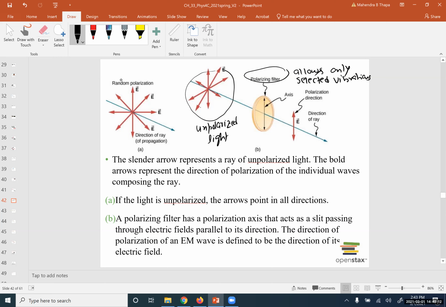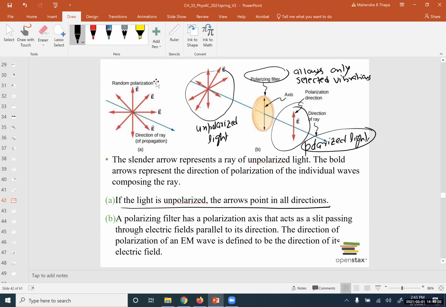Now, if I put the polarizing filter, it only allows the vibration parallel to the axis. So now this light is the polarized light. This is the example of how polarization acts.